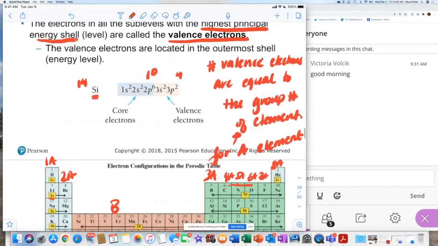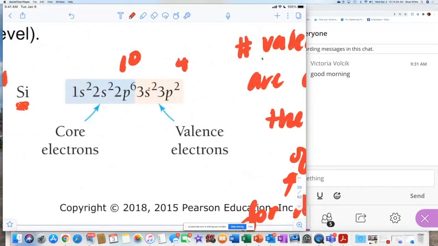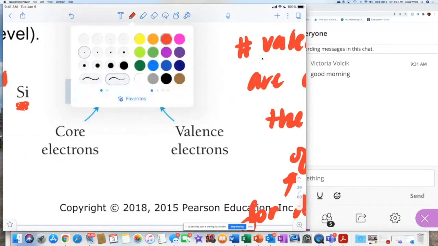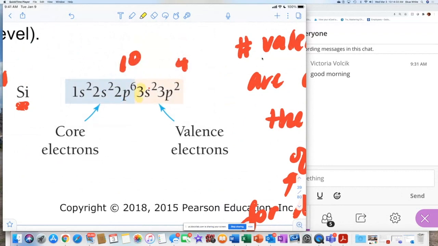Okay, so valence electrons, once you write out your configuration, find the ones that have the highest energy level, right? Because we did write this according to Aufbau. Aufbau is a scientist that says sort out your sub-level in increasing energy level.